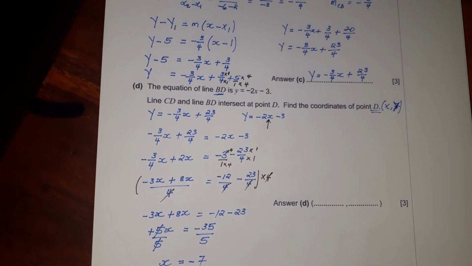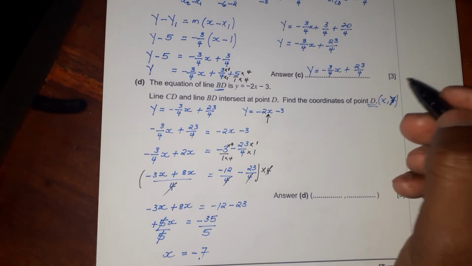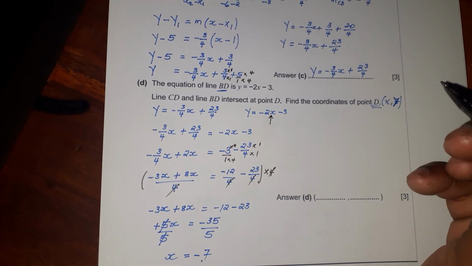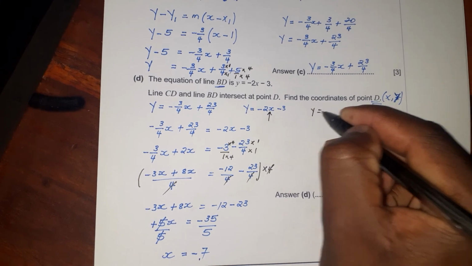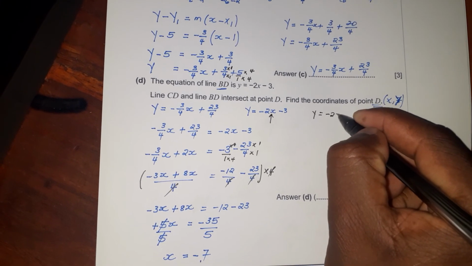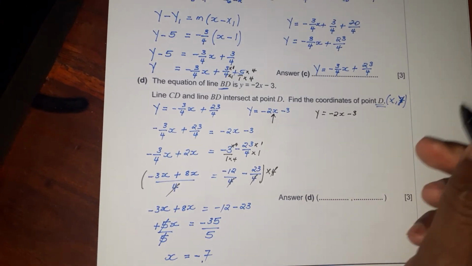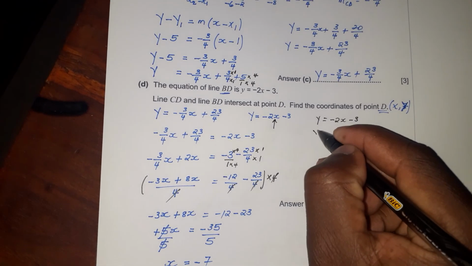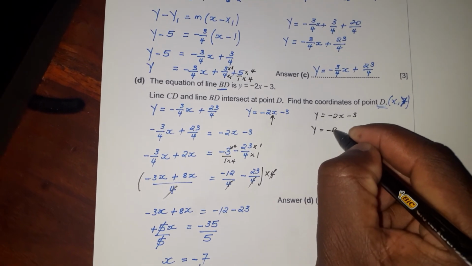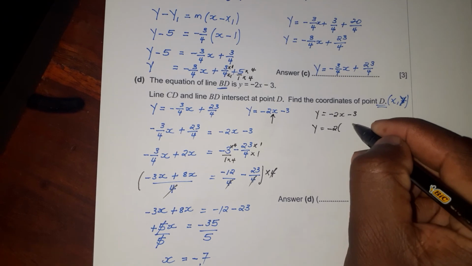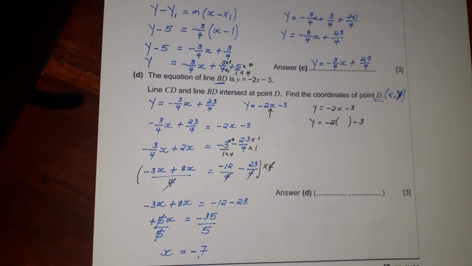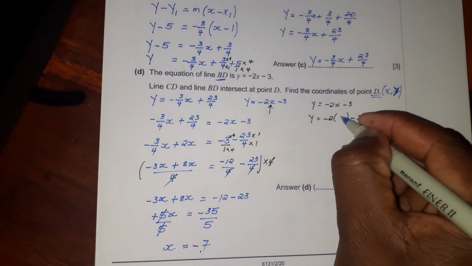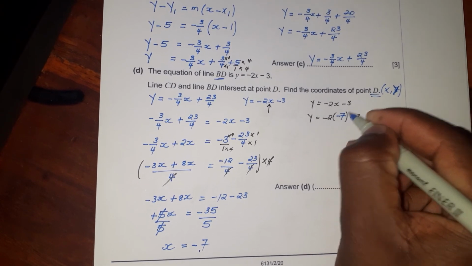Now here I need to use black pen. Let me rewrite that equation. Y equals negative 2x minus 3. Then we have y equals negative 2, in the place of x, we can now put in negative 7, which is the x coordinate.